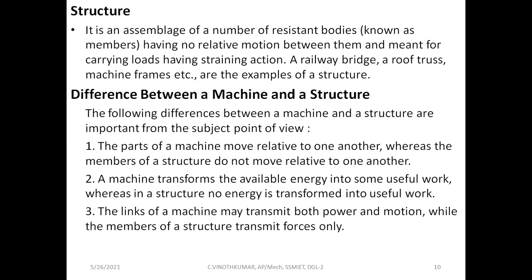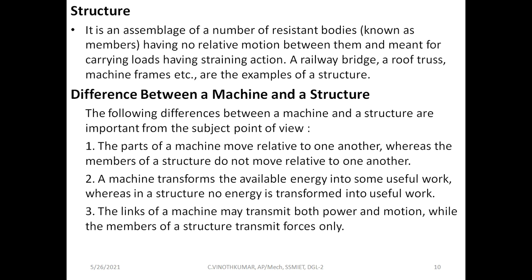Difference between a machine and structures. The following differences between a machine and structures are important from the subject point of view. First one, the parts of a machine move relative to one another, whereas the members of a structure do not move relative to one another.